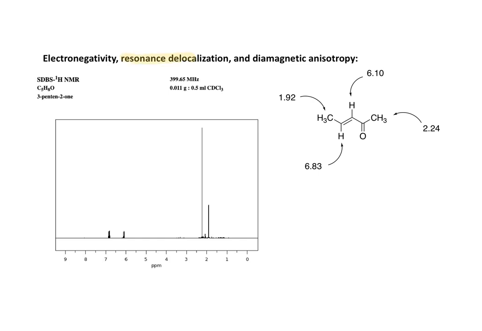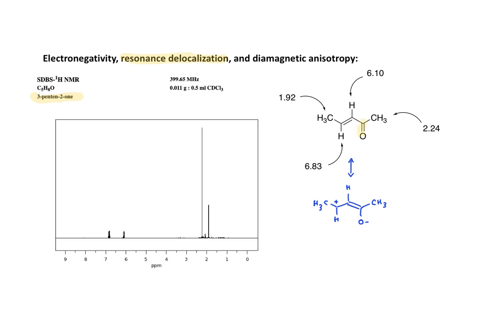Resonance delocalization modifies the effect of diamagnetic anisotropy consistent with partial positive or partial negative charge corresponding to minor charge-separated resonance forms, as we can see for 3-pentene-2-one.